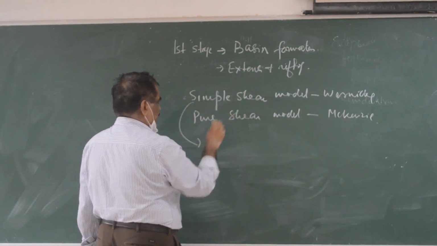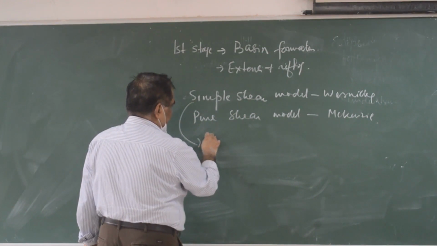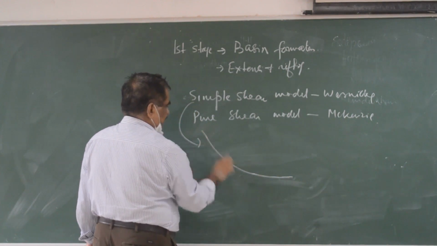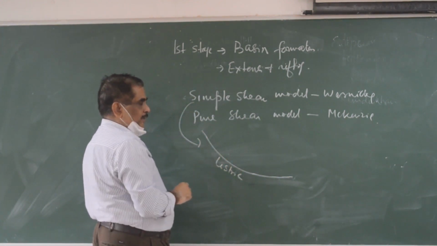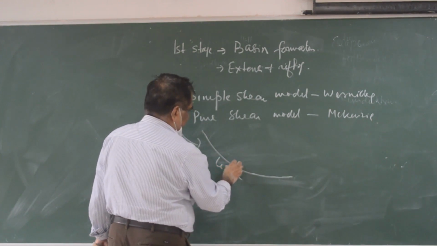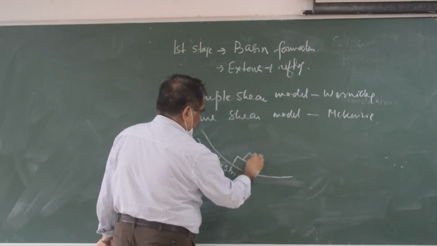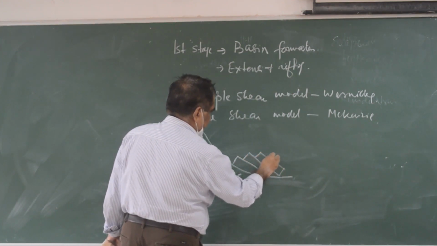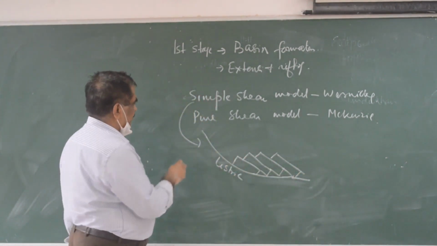In case of simple shear model, in the granitic crust, this type of structure develops. First, a listric fault develops. And you have these rotational faults in it. Rotational blocks. This type of structure develops.